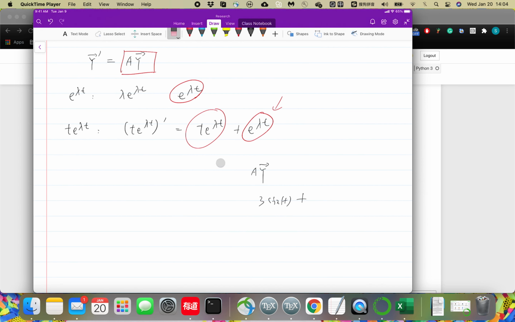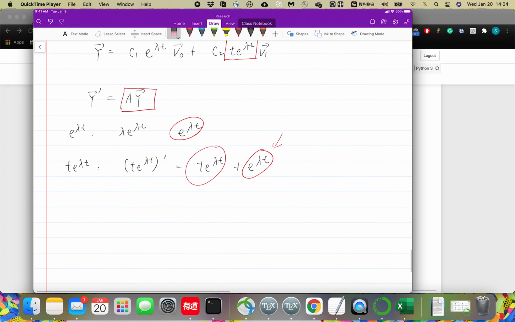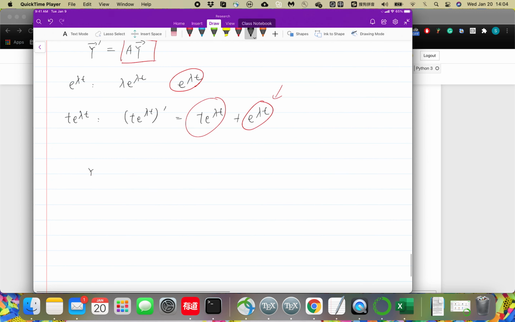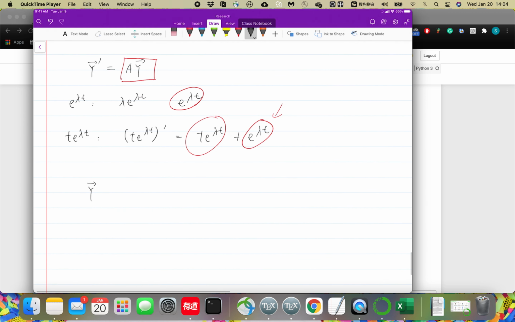Only the functions that, if you take the derivative of itself, you will only have itself plus something you already know. Then, by timesing a matrix on it, which means taking a possible linear combination, you will be able to weight y prime in order to satisfy this equation.